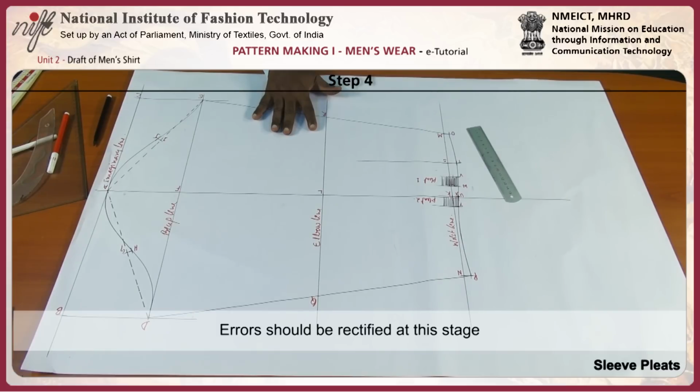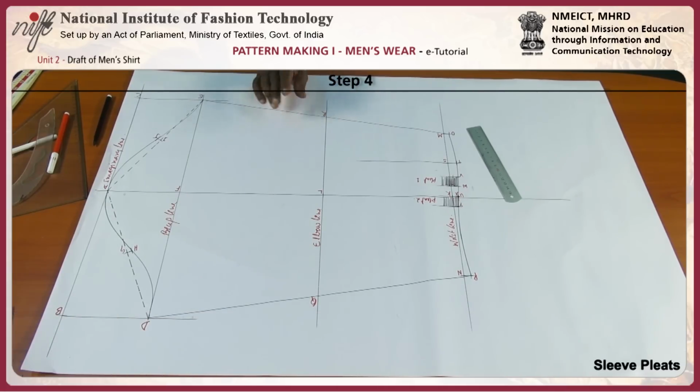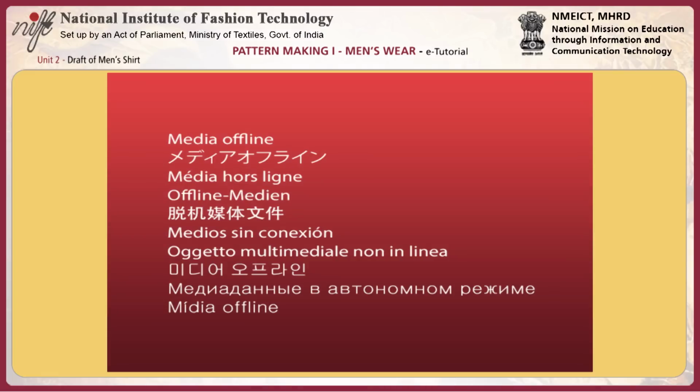In case of any errors, the draft should be rectified at this stage itself by erasing and redrafting by applying the right measurement. After the final drafting, the seam allowance and fold allowance are to be added as shown in the figure and unit 4.